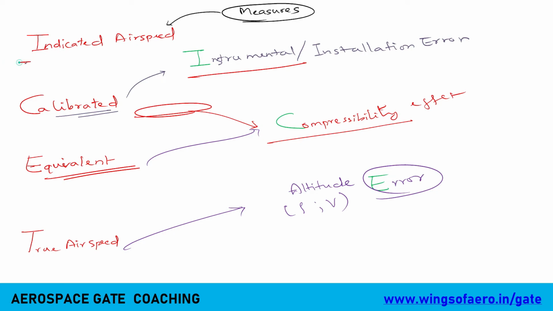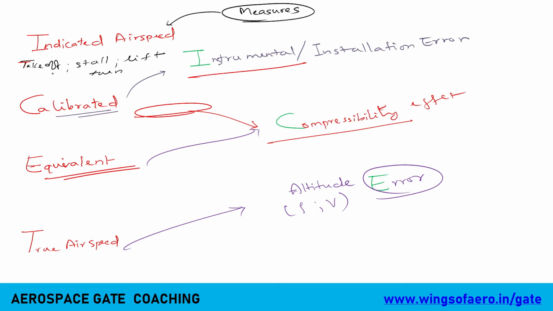Indicated airspeed is applicable, used, let me use a different color, during takeoff, for stall, for lift, or during a turn, or any kind of performance measurements. At that time we can go for the indicated airspeed measurements.